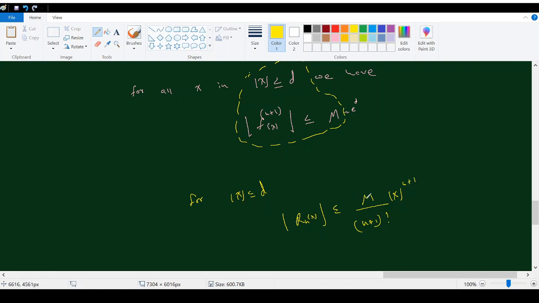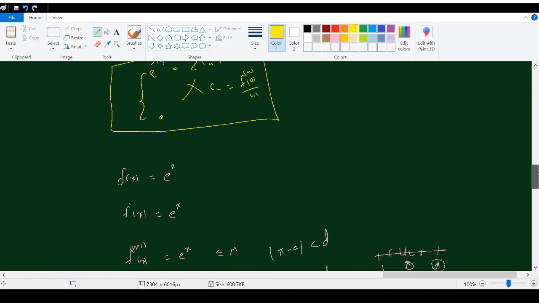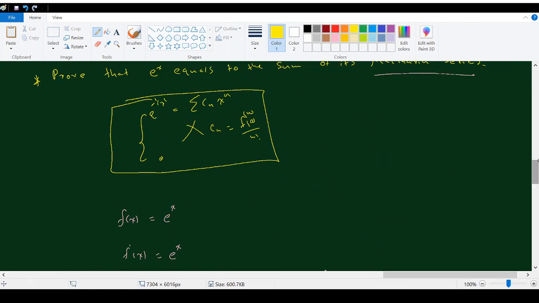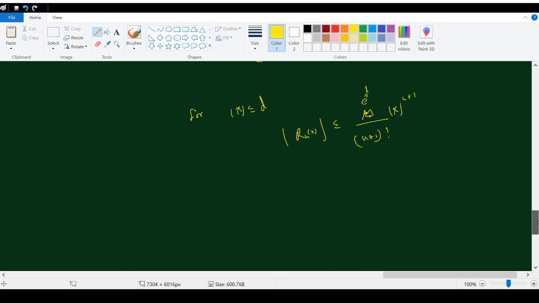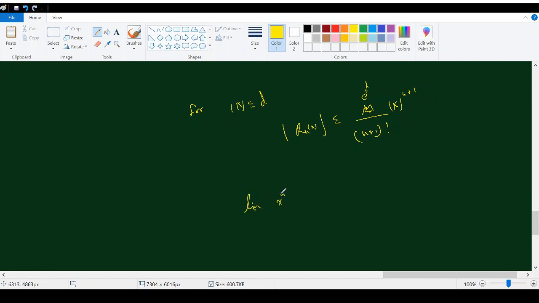Now here in this case, M is actually equal to e to the power d, right? So when you have this condition and limit, we just have to get the limit of Rn, and for that we can make use of this standard result, limit which is equal to 0.